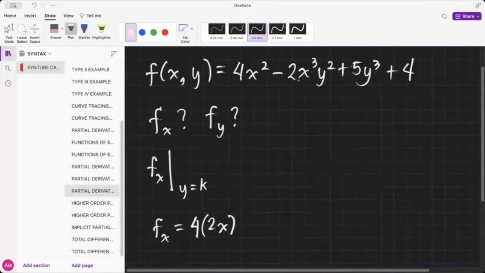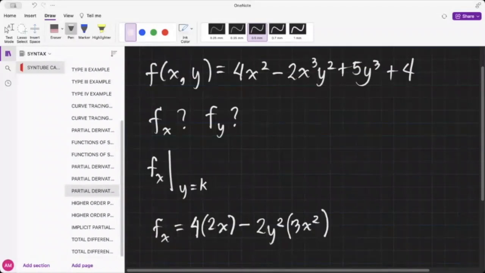Dito tayo sa second term. Ano yung constants mo dito? Since you're getting yung with respect to x, lahat ng y niyan, you treat it as a constant. So lahat yung constants mo dito is negative 2y squared. Constant yan. Times ang derivative nung variable na concerned tayo, which is x cubed. Which is just 3x squared.